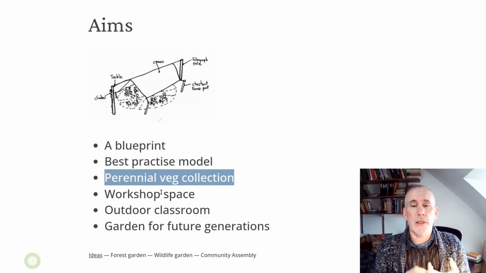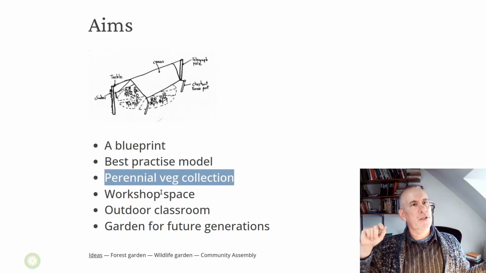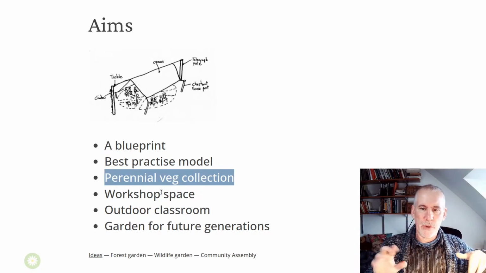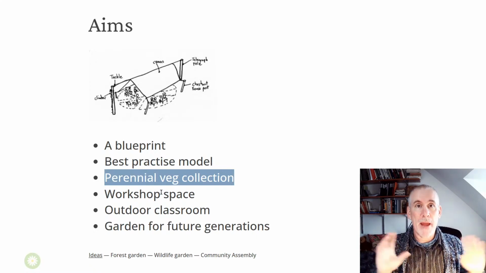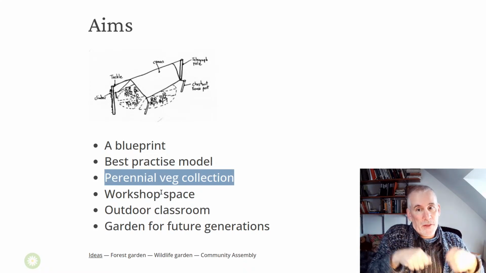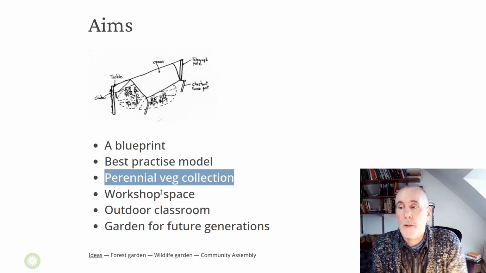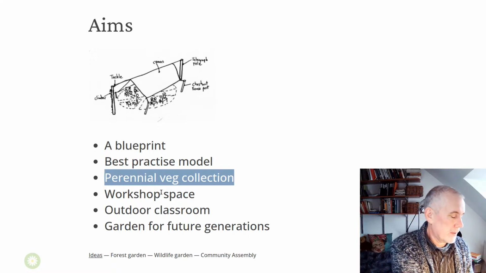We've got a whole load of different loganberries and thornless blackberries, and red currants, white currants, black currants, all sorts of different bushes where you can take cuttings and grow them on, and then share them out locally. So people can take out plants and then they can give plants back as well. It's a collection, and I just love that idea. Perennial plant library, I'm going to call it that from now on.